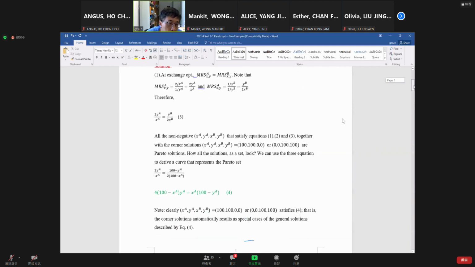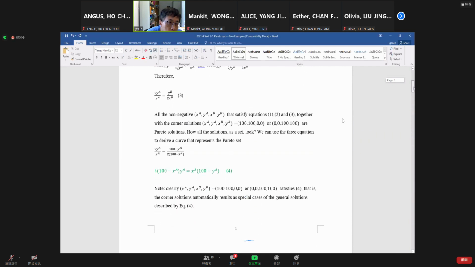And now we reorganize this one. Why we focus on Alice's consumption XA and YA. And then YB equals 100 minus YA. Okay, given the constraint, we have 100 for Y altogether.